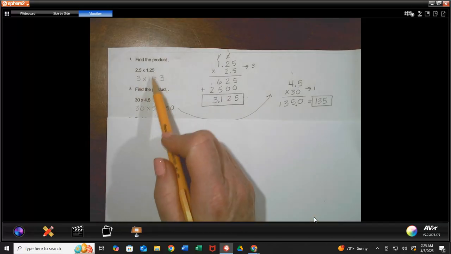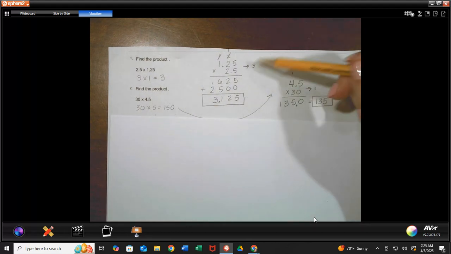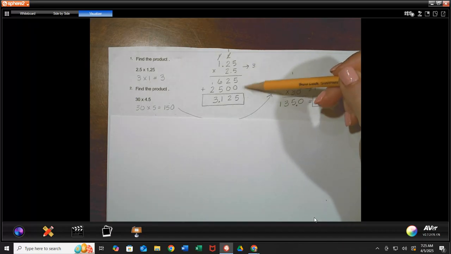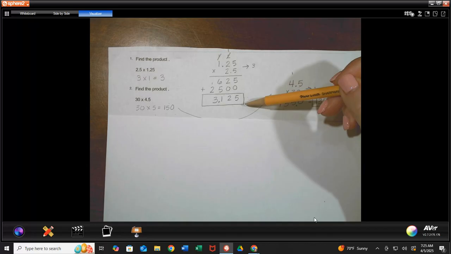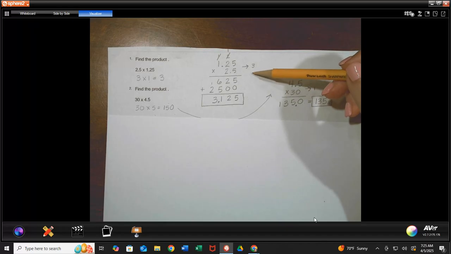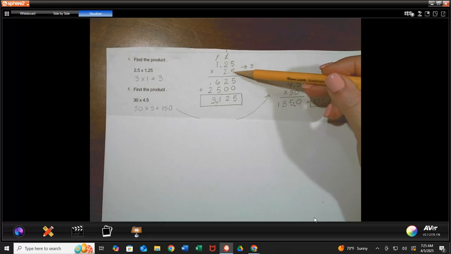All right, so number 1, I rounded up 2 and 5/10 to 3. I rounded down 1 and 25/100 to 1. I'm going to treat this as multiplying 125 times 25. I have my two partial products. When I add them together, I get 3, 1, 2, 5. I can either use my estimate and a little bit of number sense to place the decimal point correctly so that I have a whole number close to 3, or I can count the number of digits behind the decimal points in my two factors, and I see there are 3 of them.